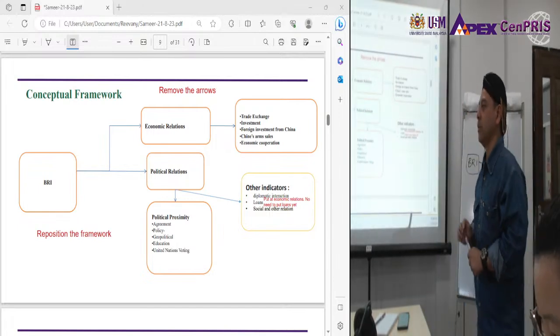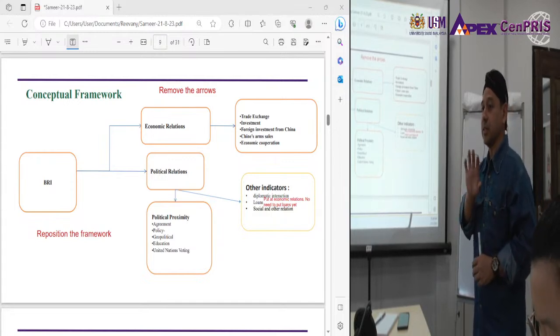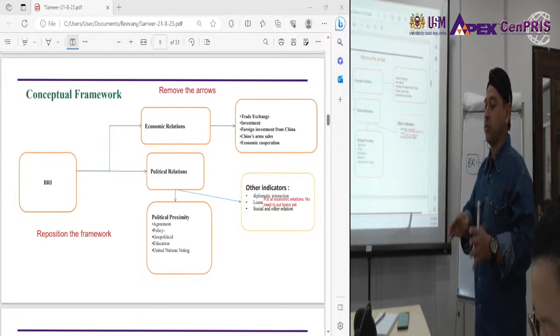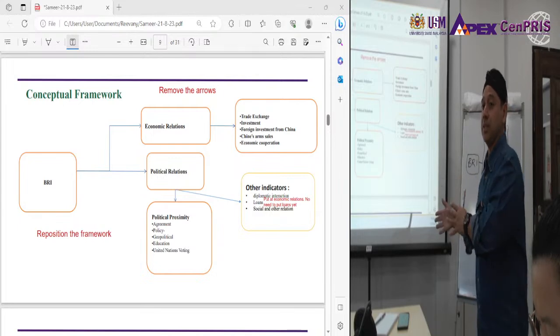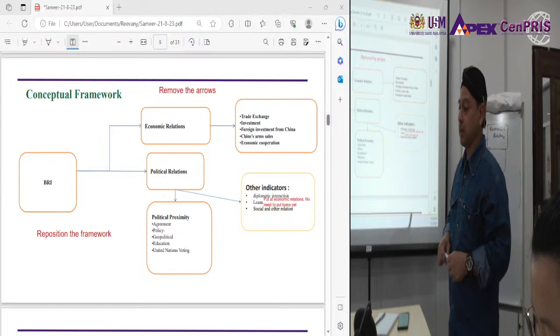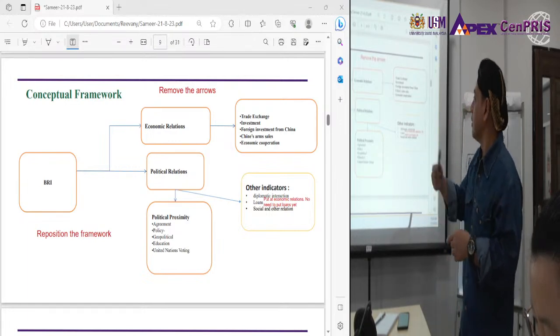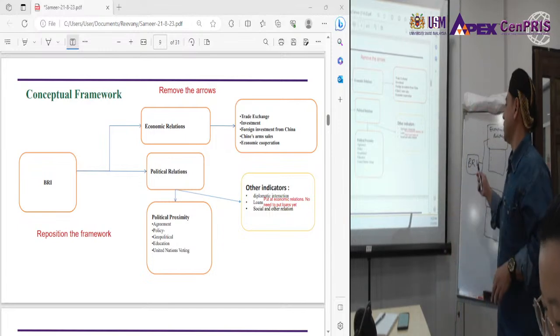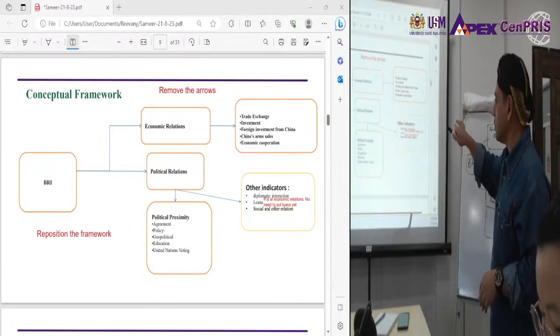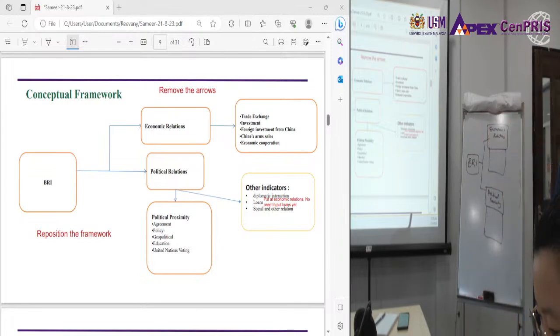Because if you put an arrow, you're assuming causality. It might not be A causes B; it might be a correlation, or a dialectical relation. So instead of an arrow, just put a line, something like this.